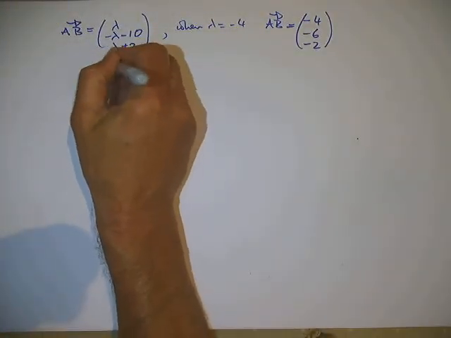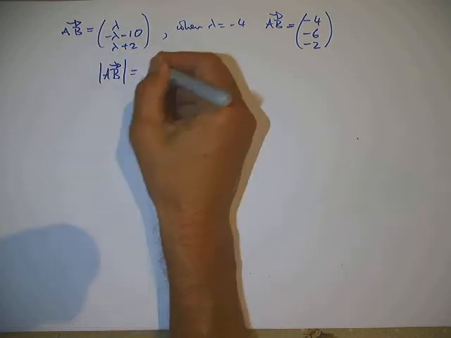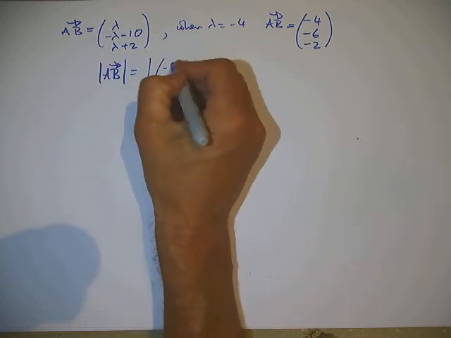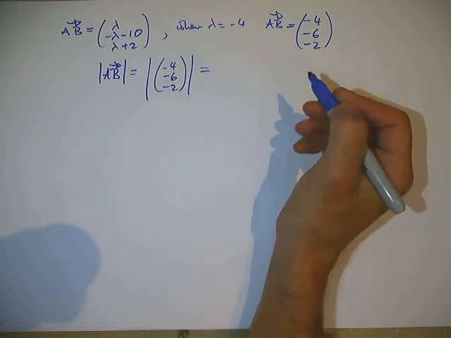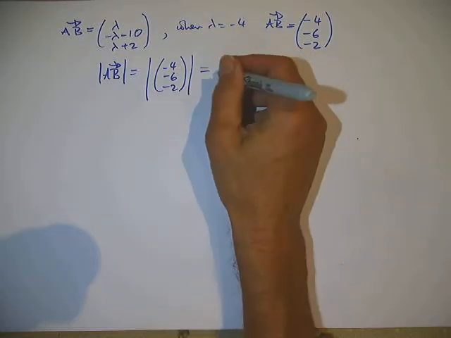The length of (-4, -6, -2) is the shortest distance between the two points.